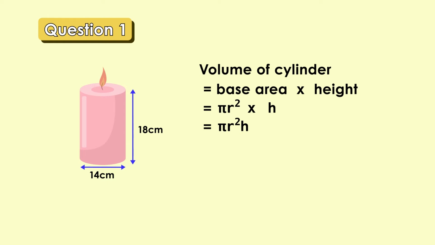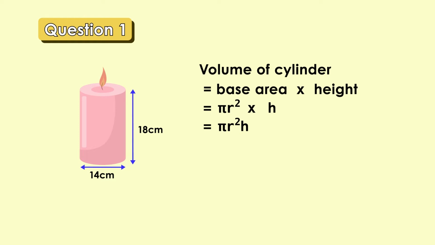Given the height of the cylinder is equal to 18 centimeters, the diameter of the cylinder is equal to 14 centimeters, so the radius of the cylinder is 14/2, which is equal to 7 centimeters.